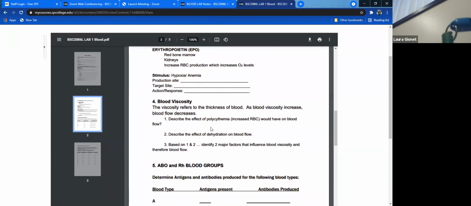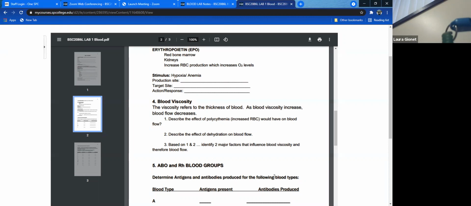Okay, then we move on to questions about blood viscosity. So the viscosity refers to the thickness of blood, and as viscosity increases, right, blood flow decreases. As viscosity and thickness increase, the flow decreases. So it says describe the effect polycythemia, or an increased number of red blood cells, would have on blood flow.